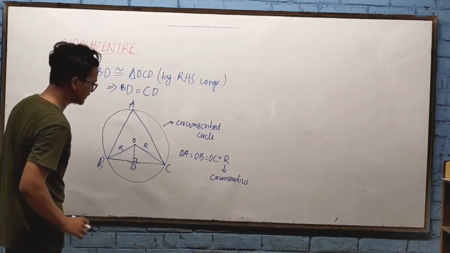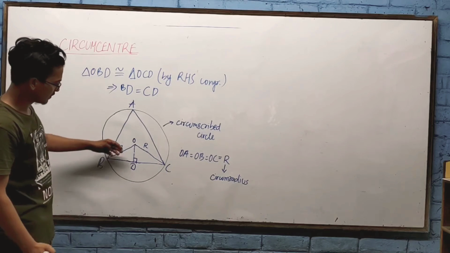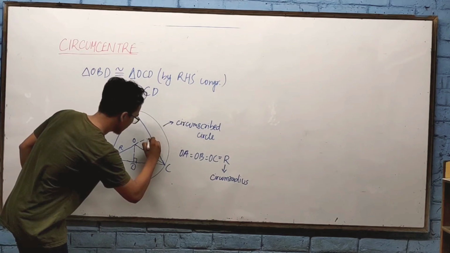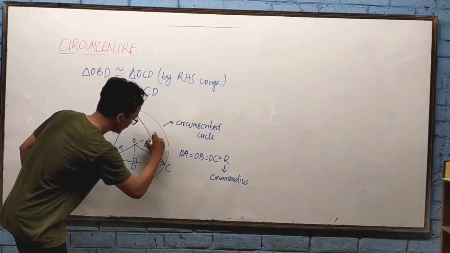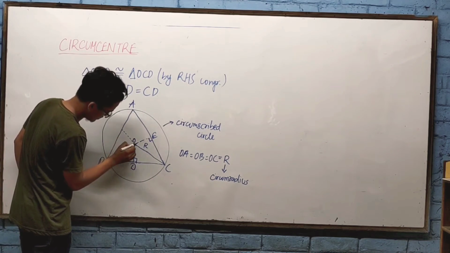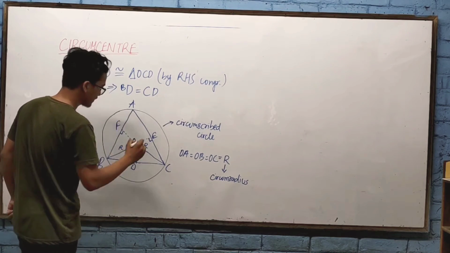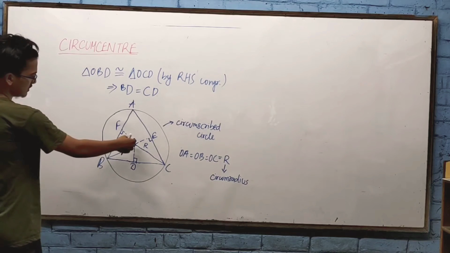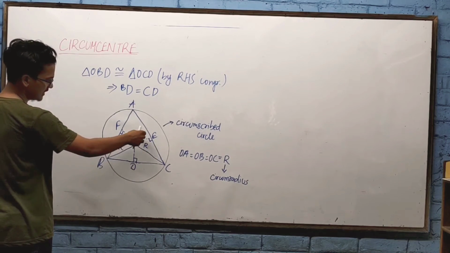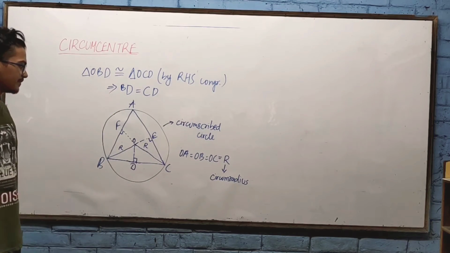Similarly, if we drop a perpendicular from the center O to side AC and name the foot of the perpendicular as E, and similarly to side AB and name it as F, then OE and OF will also be the perpendicular bisectors of sides AC and AB.